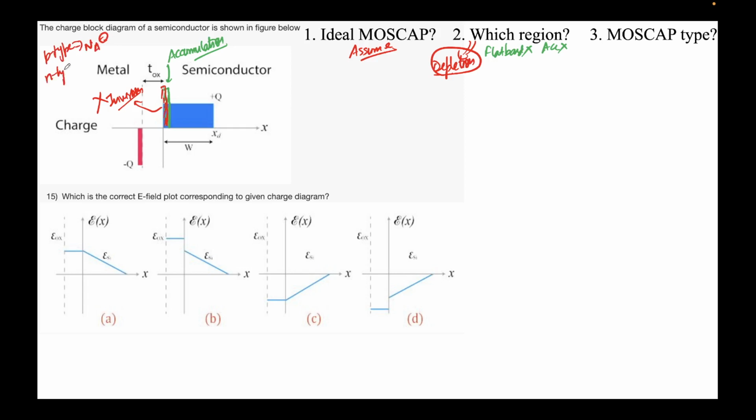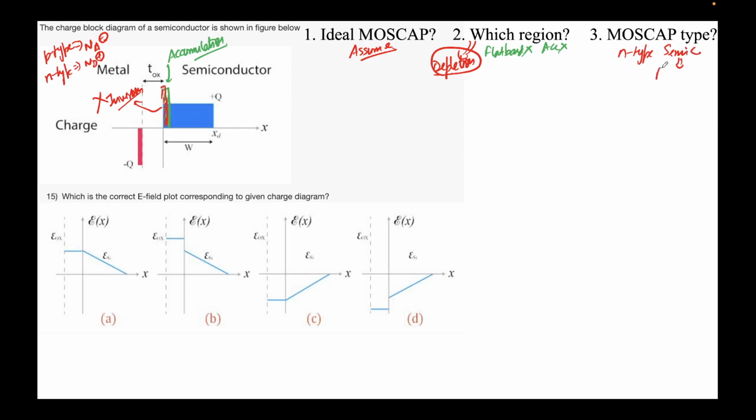If it's n type you get Nd positive. In this case it's a positive depletion charge. These are your impurity charge. It's positive. This means the background must be n type, so it must be n type semiconductor.